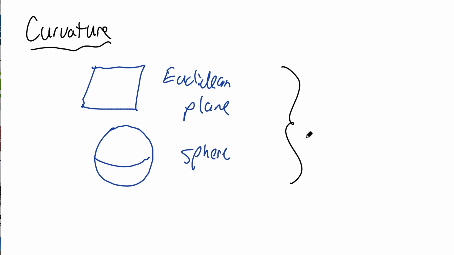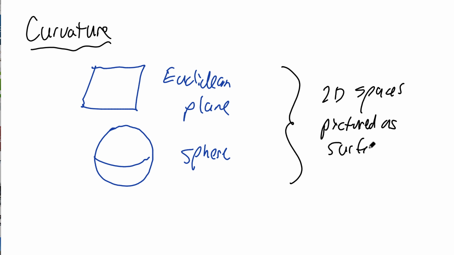These are both two-dimensional spaces, and they're drawn in these pictures as surfaces in three-dimensional space. These two-dimensional spaces are, of course, very different. The Euclidean plane is flat, whereas the sphere is curved.